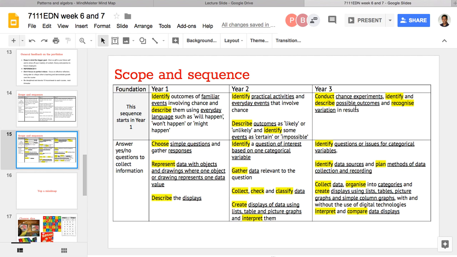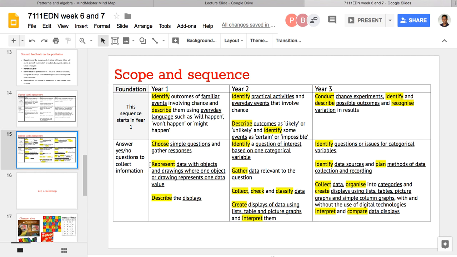And so you're conducting very, very simple chance experiments, but you're also then identifying, describing the possible outcomes and recognizing variation in those results. So if you're flipping a coin, if you're rolling a dice, you might explore, is it more likely that we roll a 6 than a 1, for example? And that would be an appropriate investigation for Year 3 students.